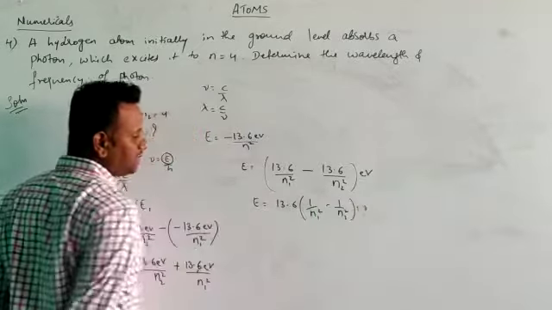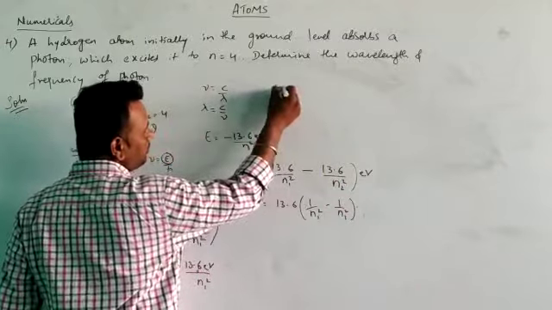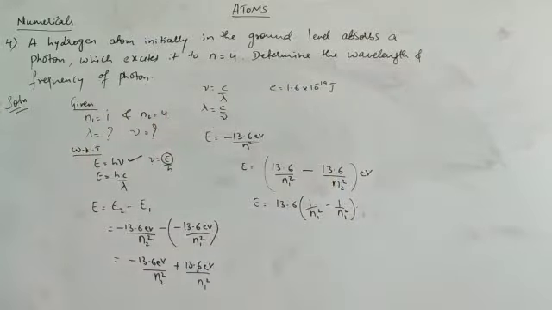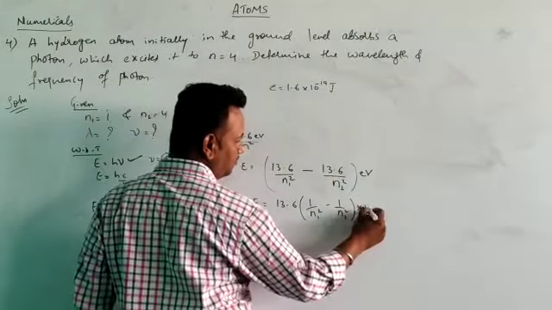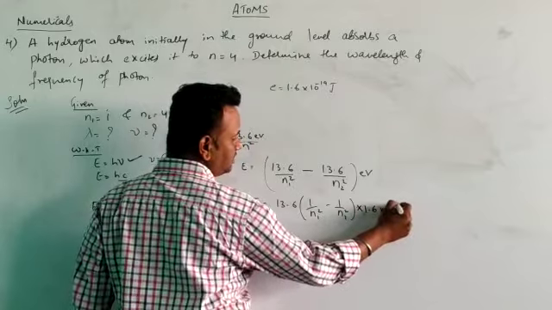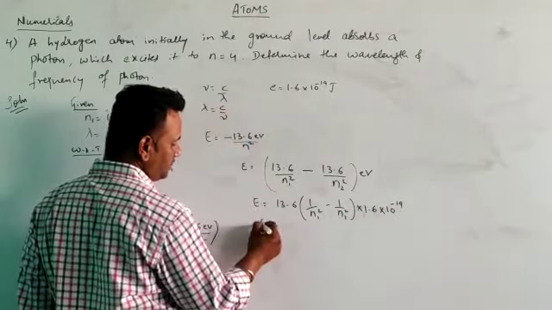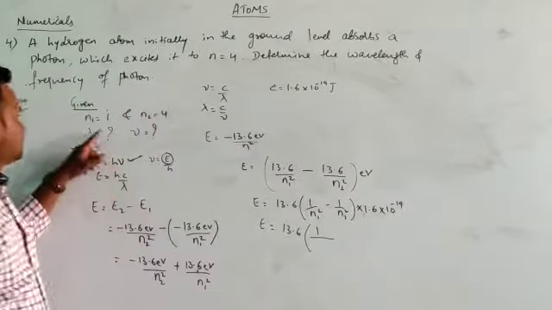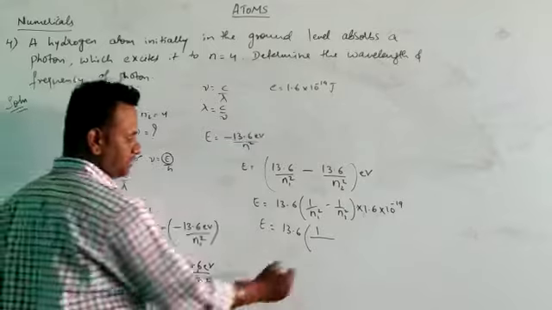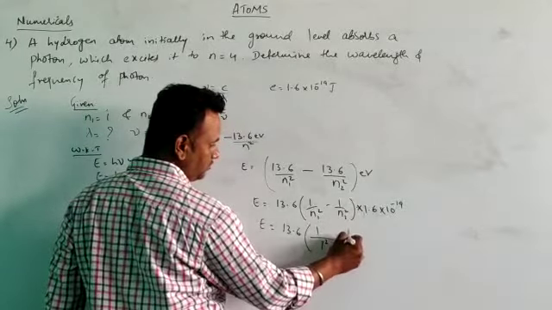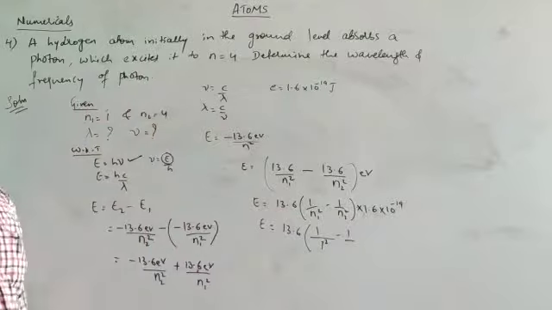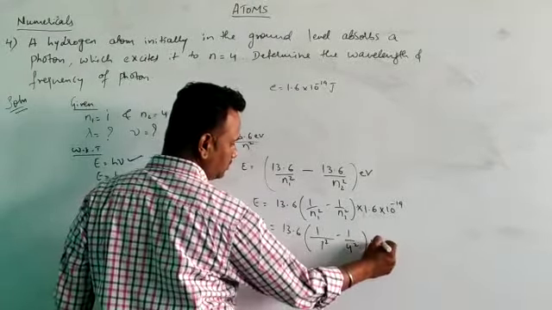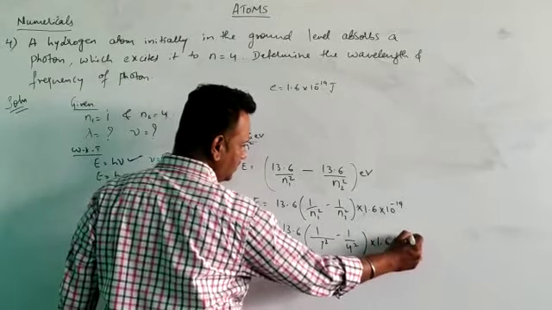So the charge of the electron, we know, is 1.6 into 10 to the power of minus 19 joule. So I am taking this into 1.6 into 10 to the power of minus 19. Therefore E is equal to 13.6 into (1 by n1 square, n1 value is 1, minus 1 by n2 square, n2 value is 4) into 1.6 into 10 to the power of minus 19.